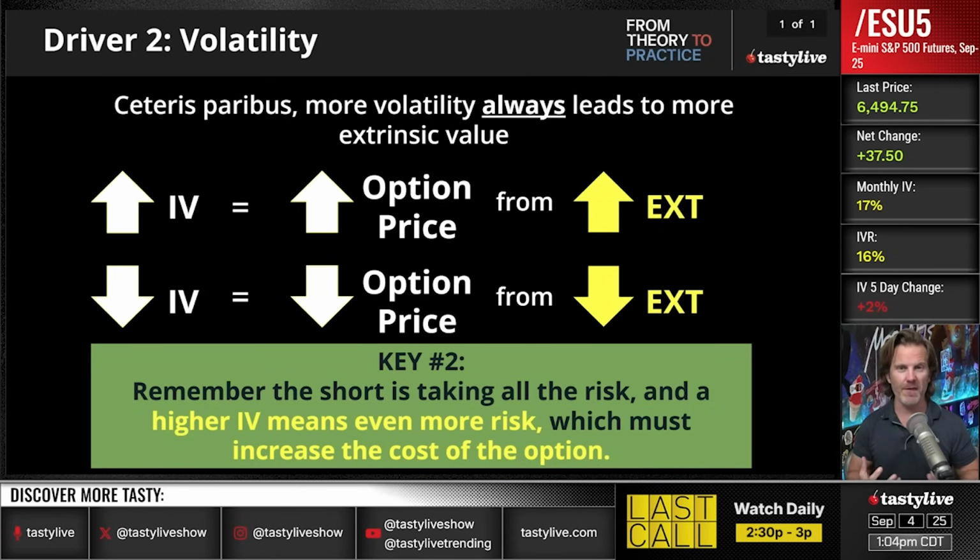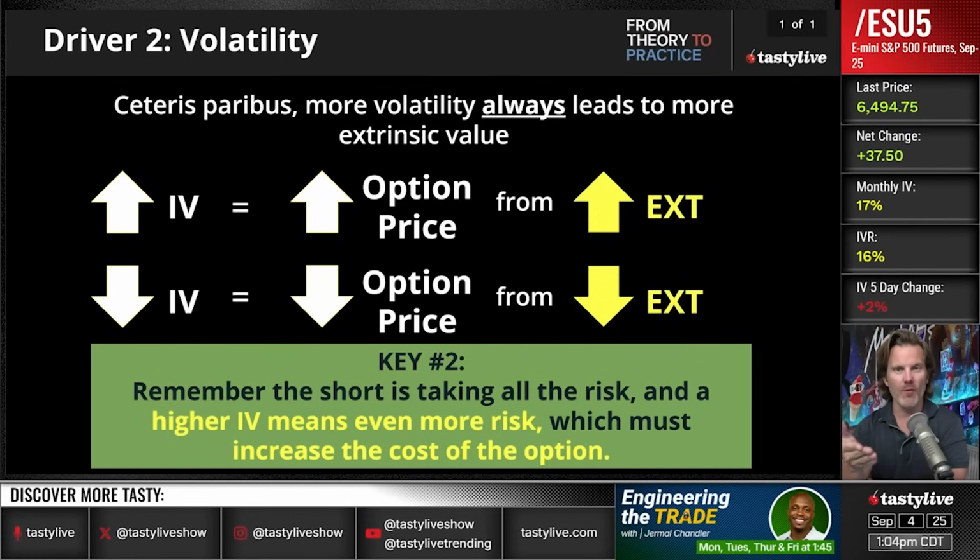What is one of the things that's going to cause extrinsic values to drop? It's going to be implied volatility moving lower. It's going to be volatility contracting. So if volatility does contract, that allows us to potentially manage our positions for a profit and earn a nice return on a given trade or position, whatever it might be.